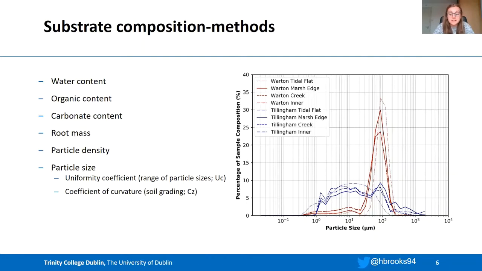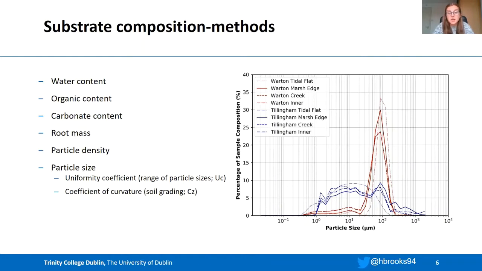We measured the particle density, that's the density of the individual solid particles, and again this followed British standards. And then finally we measured the particle size distribution, and not only looked at the actual particle size distribution, but used some values to describe the grading, or the variation in particle size that we see.